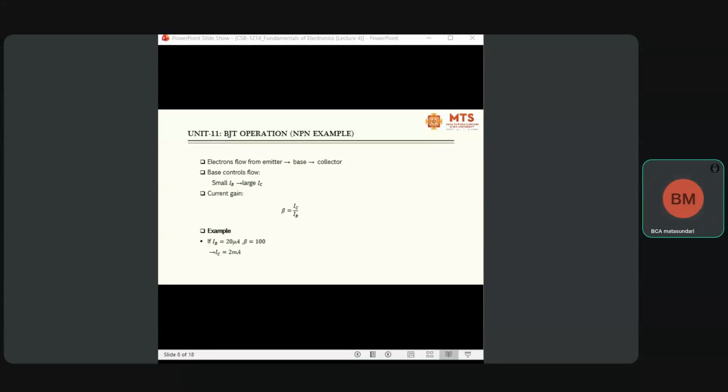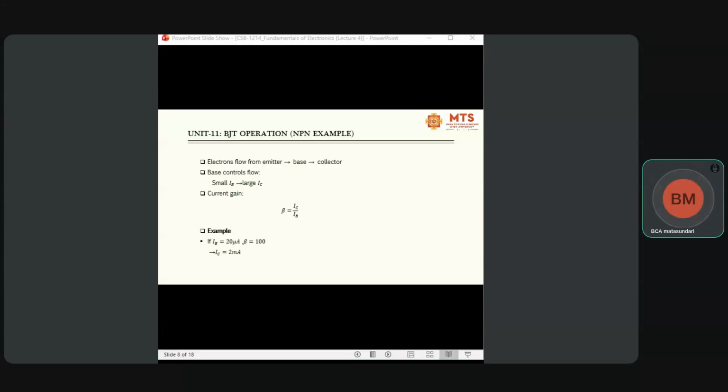The current gain is beta equals IC by IB, collector current by base current. For example, if IB equals 20 microamperes and beta equals 100, then what will be the value of IC? Beta is given and IB is given.